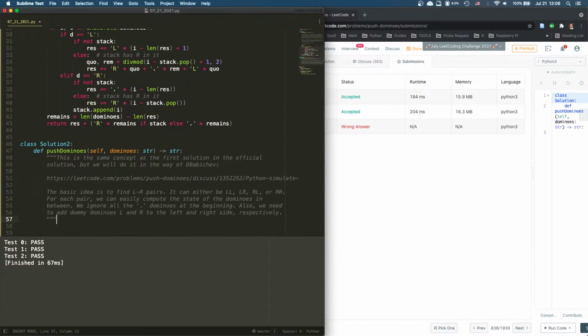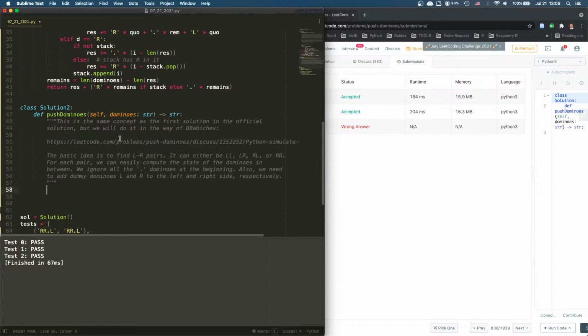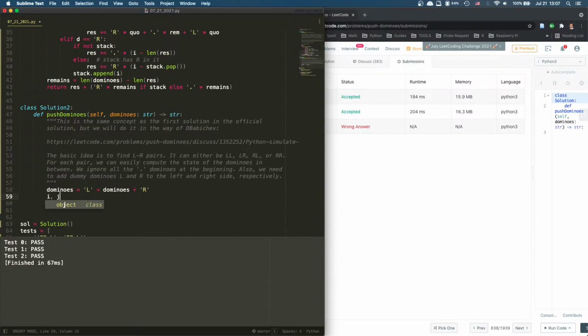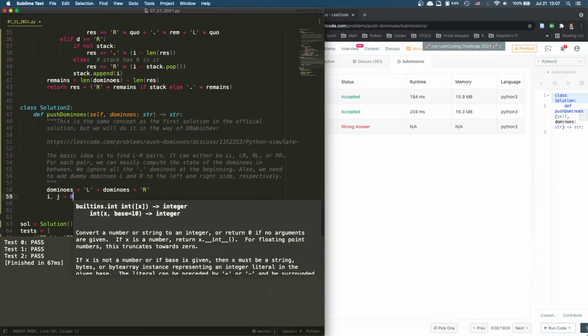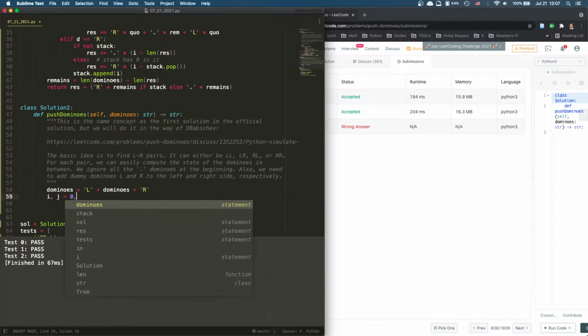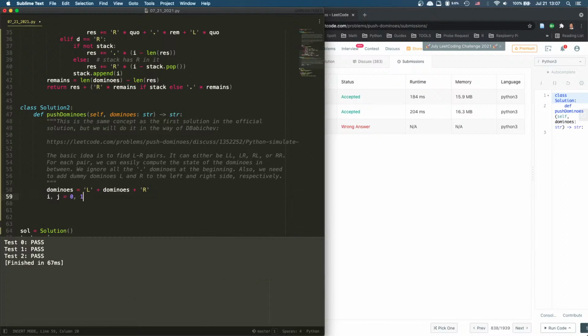All right, now let's do this. So we're going to have to say an item j, right? Dominoes equals L plus dominoes plus R, and i, j equals 0 and 1, right?